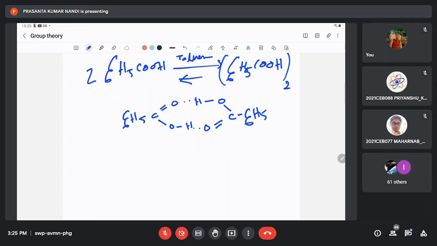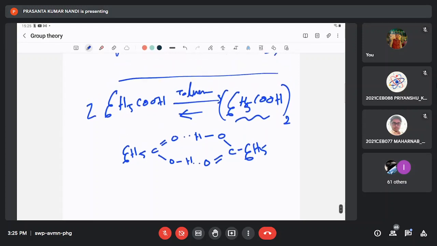By this way, the dimer form exists. So benzoic acid in toluene may remain in dimeric form as well as monomeric form.